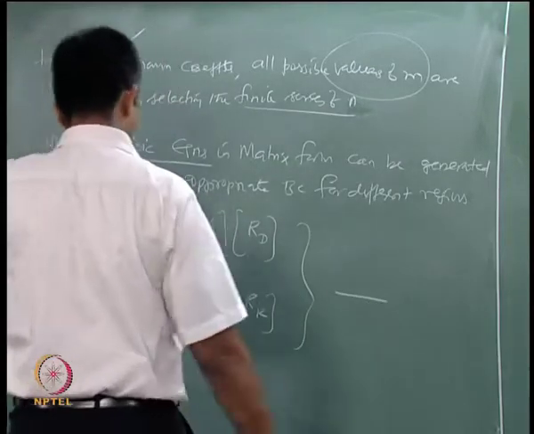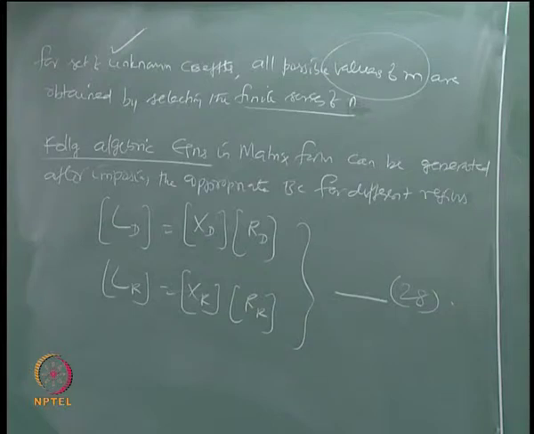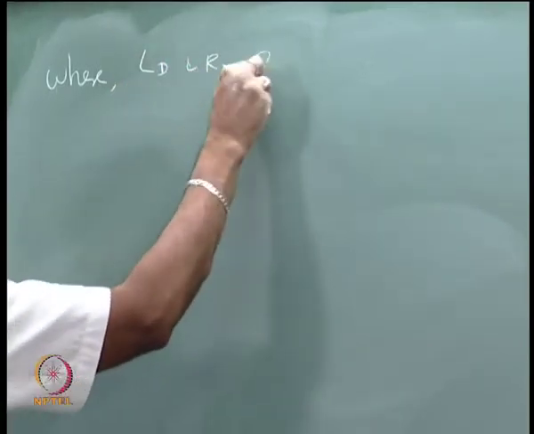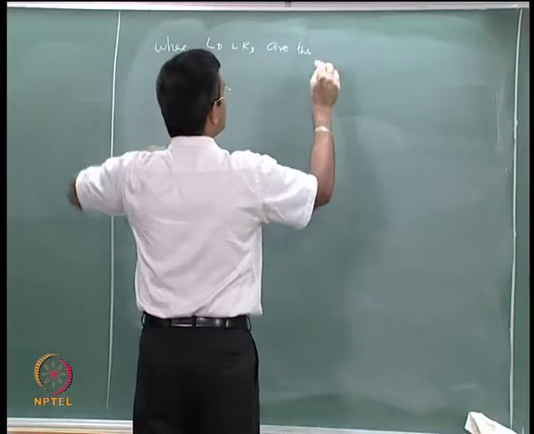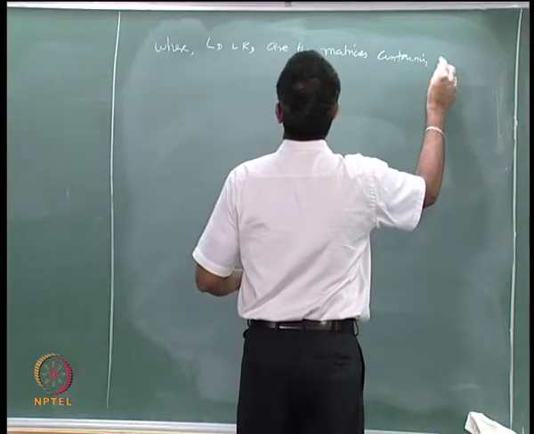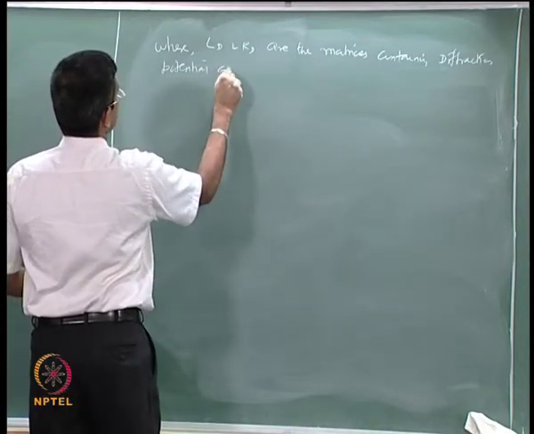I call this equation number 28, where LD and RD are the matrices containing diffraction potential equations.